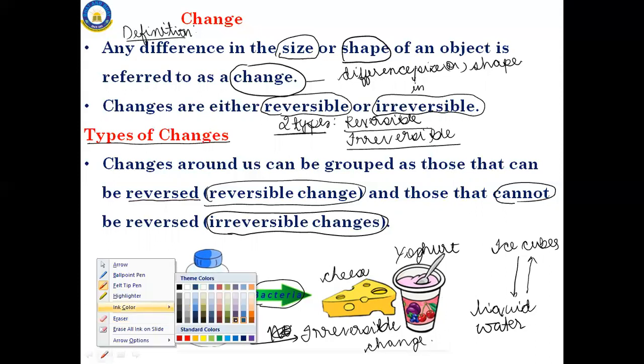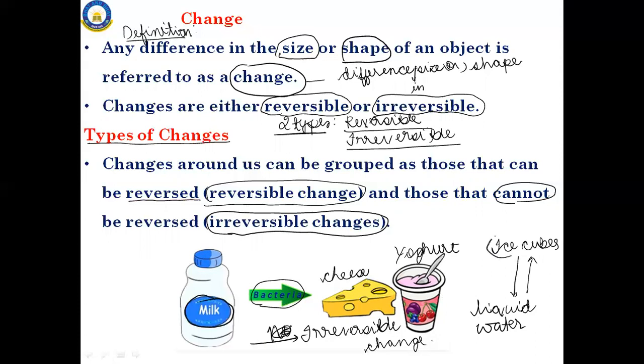Because I can convert ice cubes into liquid water, and again liquid water into ice cubes. So this is with respect to the reversible change, and the picture that they have given earlier is the irreversible change. We will go to the next slide now.